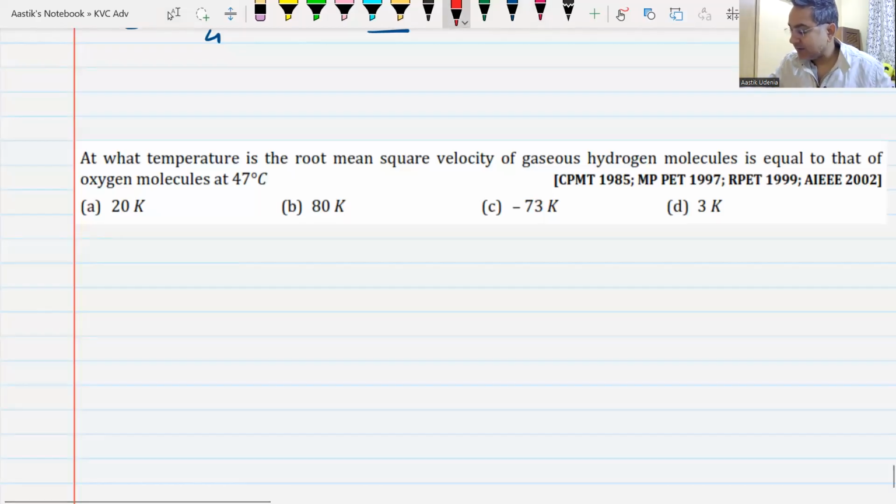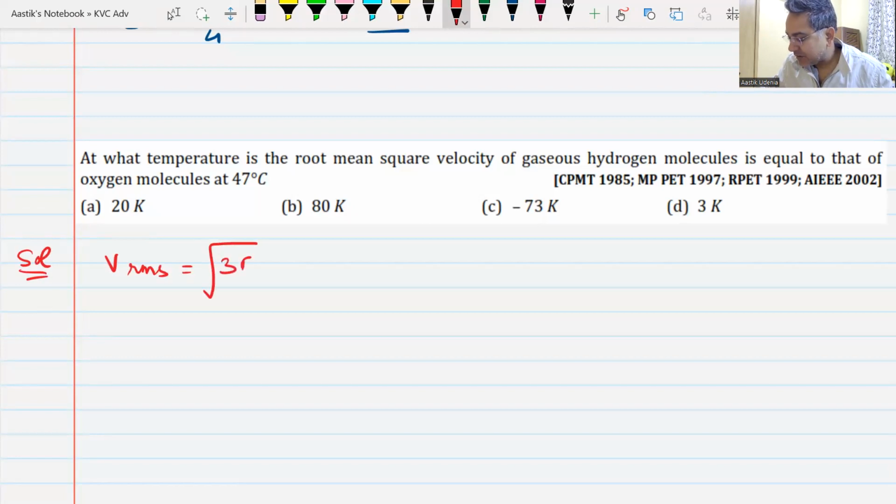Option A is correct. So again, every time I write this formula so that you see it so many times, so that you can remember it. Now RMS speed of hydrogen should be equal to the RMS speed of oxygen.